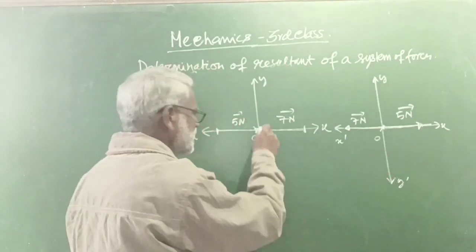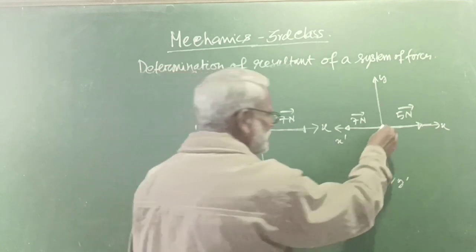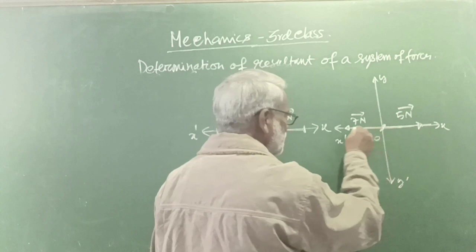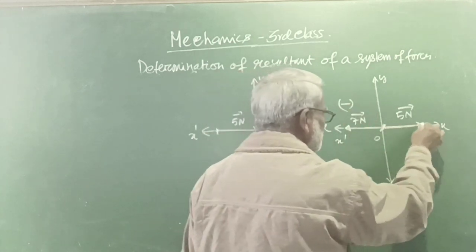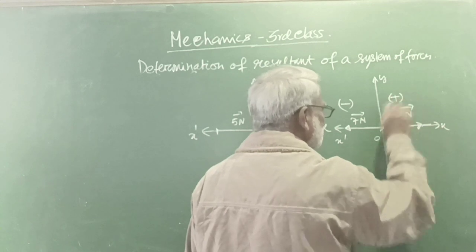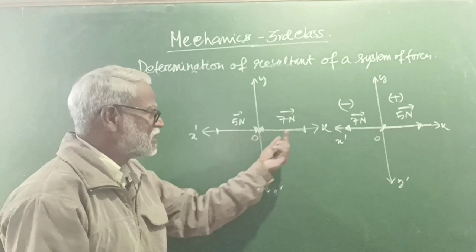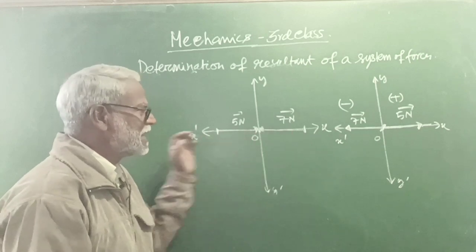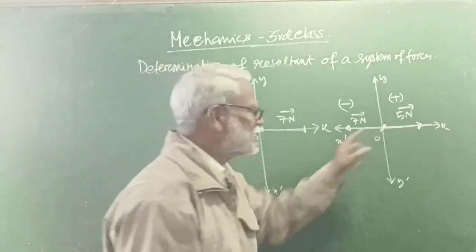So this one is a confusing state, but in this one the idea is clear. That means the 7 Newton force is acting along the negative direction and the 5 Newton is acting along the positive direction. So here we transmit the 7 Newton force and 5 Newton force along their line of action and make this situation into this situation.